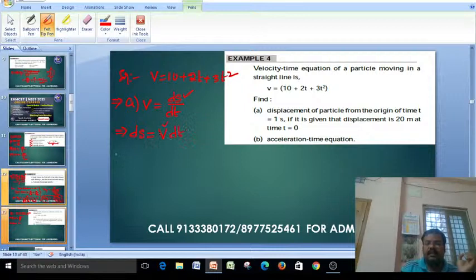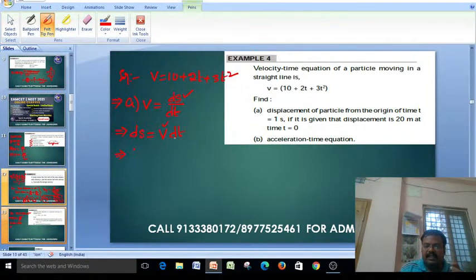So the velocity equation is there with you. Then substitute that one. This is the small amount of displacement that you will get here, but you want to find the total displacement of the particle. The displacement of the particle from the origin at time t equal to 1 second, if it is given that the displacement is 20 meters at time t equal to 0, means how do I consider this integration?